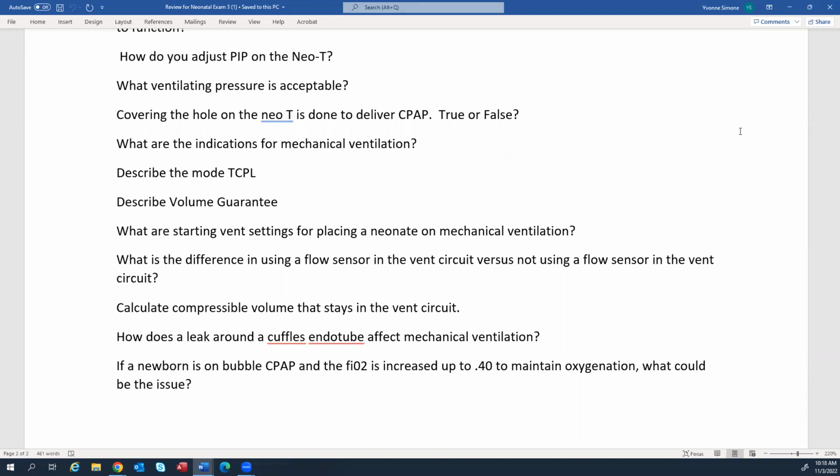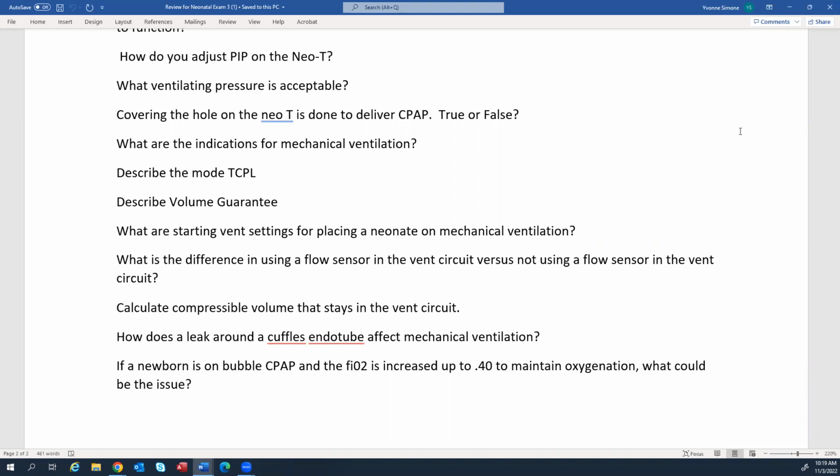Next, it says, what are starting vent settings for placing a neonate on mechanical ventilation? So you need to pick a mode and a rate. You're going to mention either volume guarantee or pressure control or TCPL.